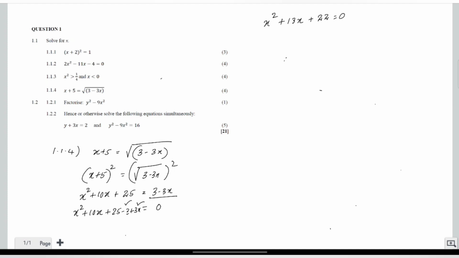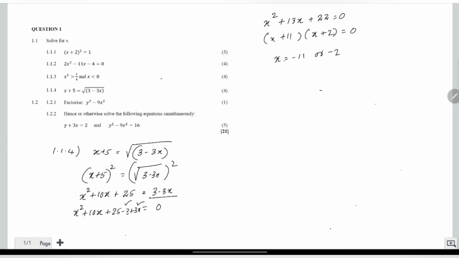You can go by quadratic formula, or you can factorize it, open two brackets. I think it is easy. x squared plus 13x plus 22 is equal to 0. What are the two numbers? 11 and 2. That is plus 11 and plus 2. So we can get x is equal to minus 11 or minus 2.